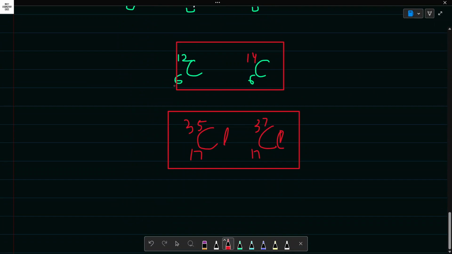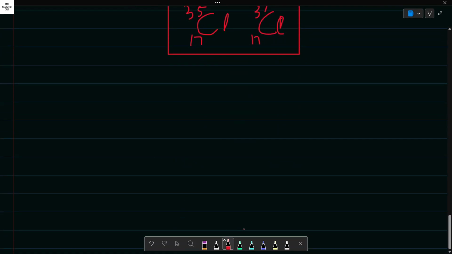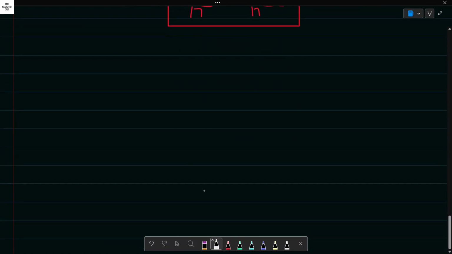Now let's take the example of isobars. What are isobars? For example, there's a species like argon. Its atomic number is 18, and potassium has atomic number 19. But on the other hand, the mass number of argon is 40 and the mass number of potassium is 40.